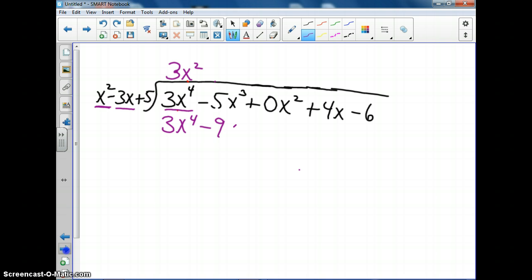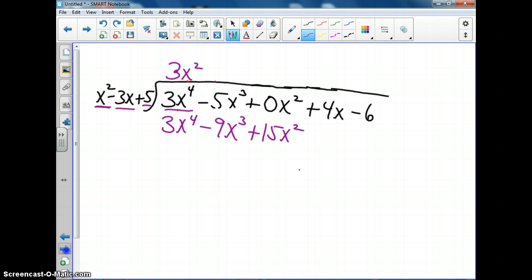You see how I'm lining up the x cubes with the x cubes? The same terms I line up with each other, to the same powers. Now 3x squared times positive 5 is positive 15x squared. Very good, that's correct. So now I multiplied it out.